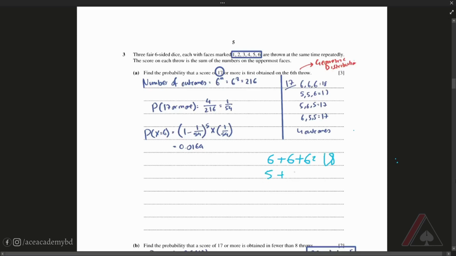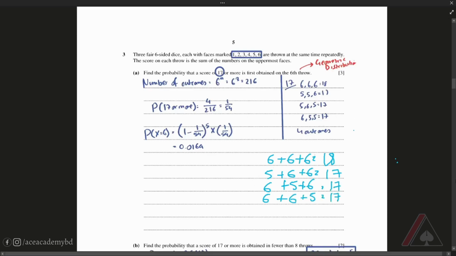We could get 5 on one dice and 6 on the other, so we could get a 17. Now the 5 could be on any one of the dice, and 6 could be on the rest of the dice.